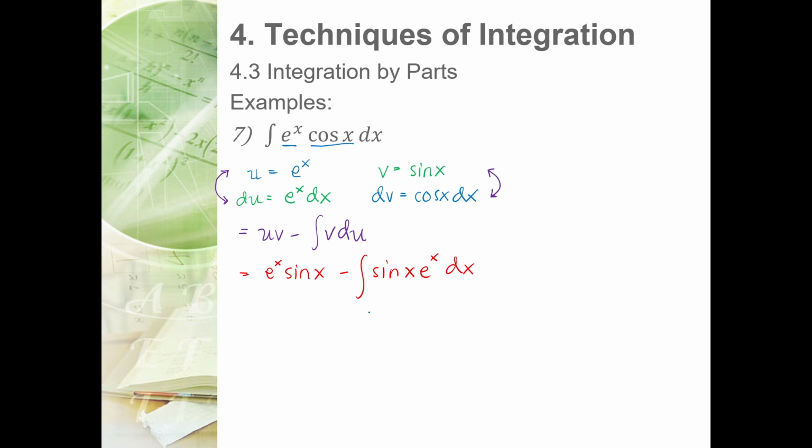So going back to u and dv, again I'm going to use sine x to be consistent. This one is e to the power of x. So getting the integral of dv, this one is negative cosine x. Your du is e to the power of x dx.